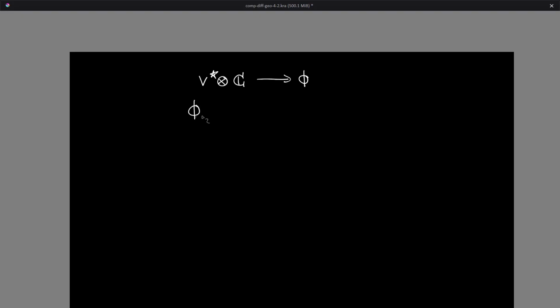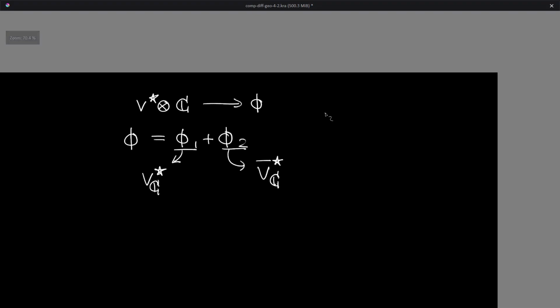We wanted to decompose it as phi equals phi 1 plus phi 2, where phi 1 was an element of VC star, and phi 2 was an element of VC bar star. But we had to prove that this was from VC star and this was from VC bar star, and so that meant that J star of phi 1 is equal to plus I phi 1.